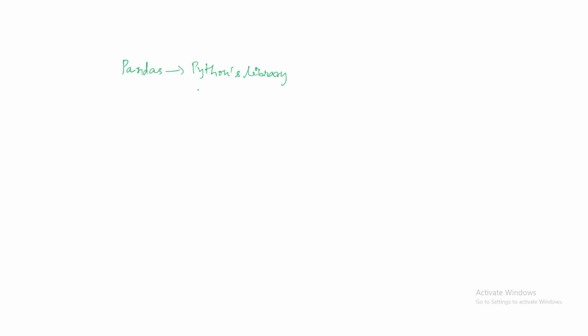Data analysis purpose. And which type of software is it? This is open source software. Open source means it is freely available. You can download it and use it. So this is Pandas.